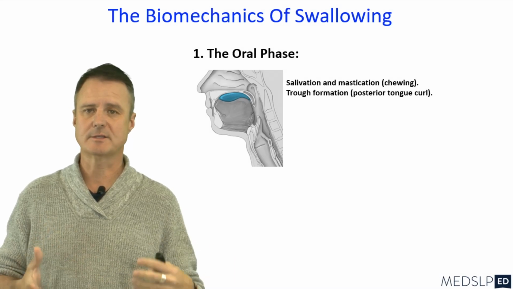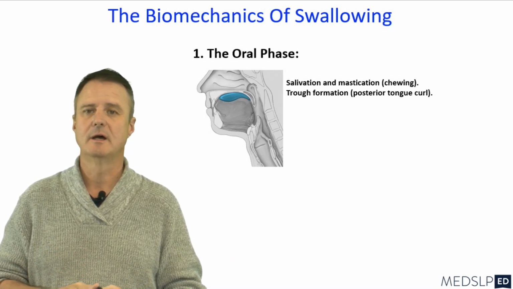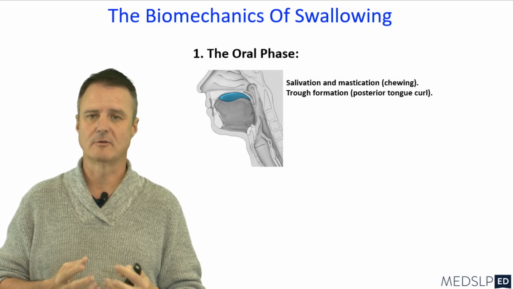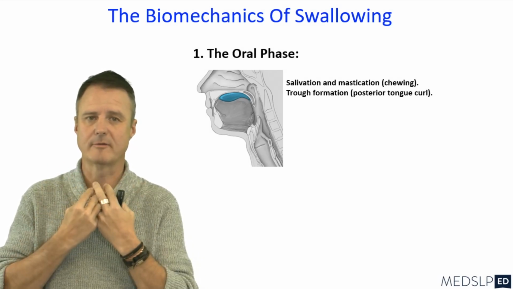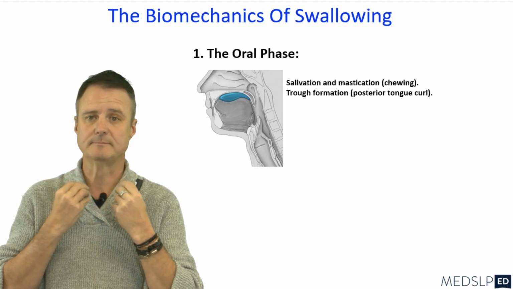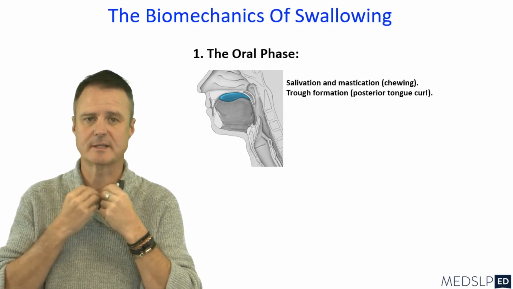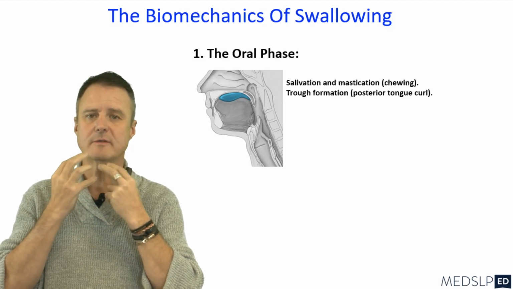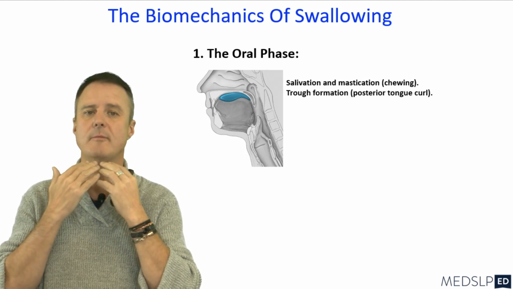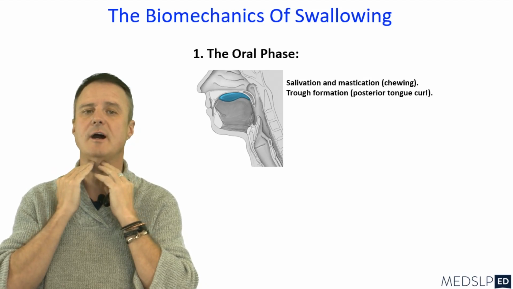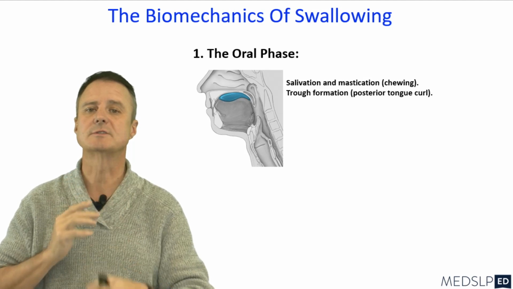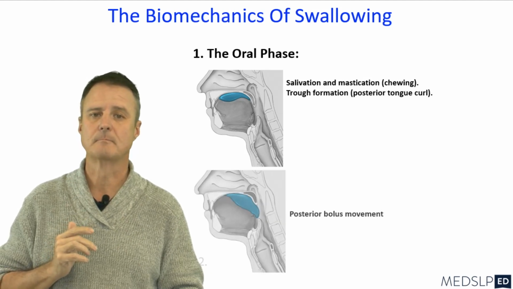Now, depending on who you talk to and who you read, there are several different phases of swallowing. The first phase is the oral phase. That's when you place the food in your mouth and you start chewing it, using your muscles of mastication. During that time, your tongue will form a posterior trough, a curl rather, that will try to force the food towards the back of the throat.